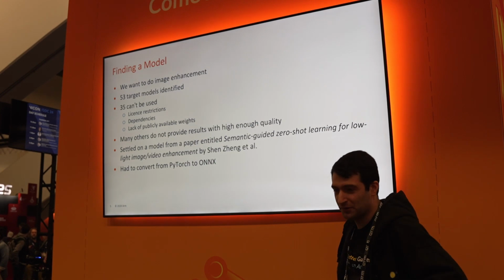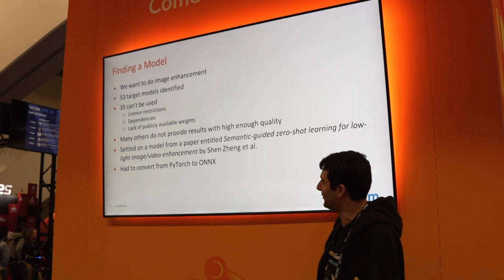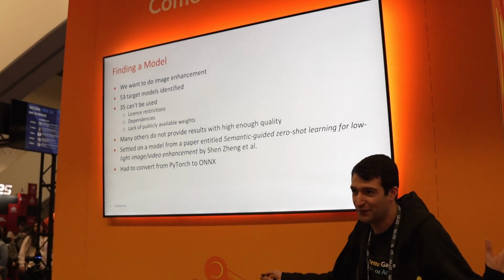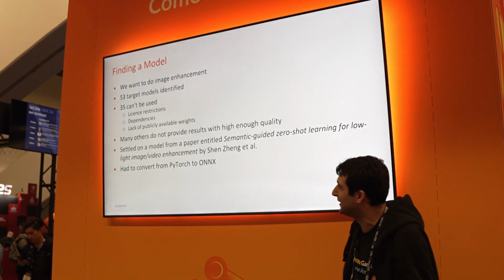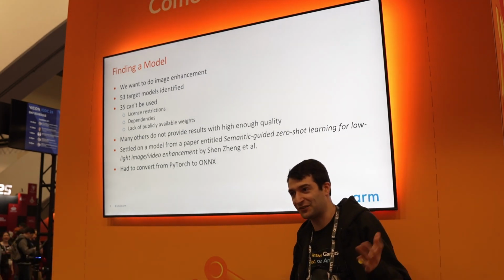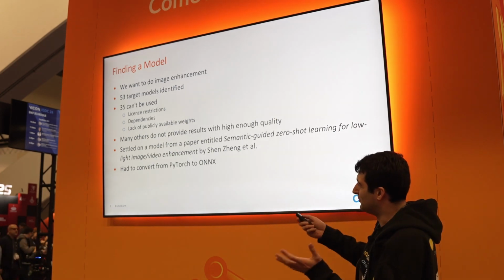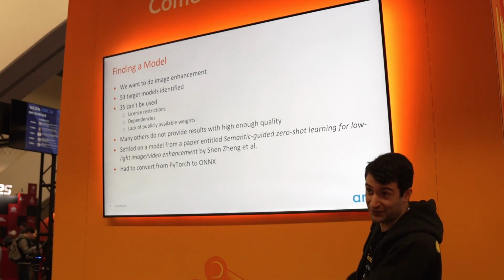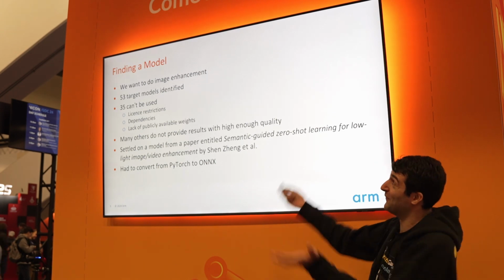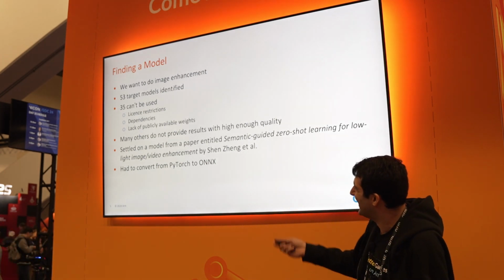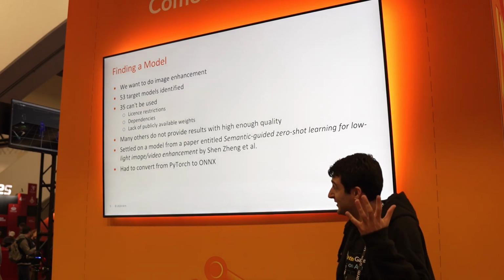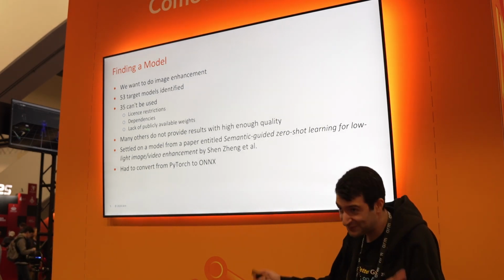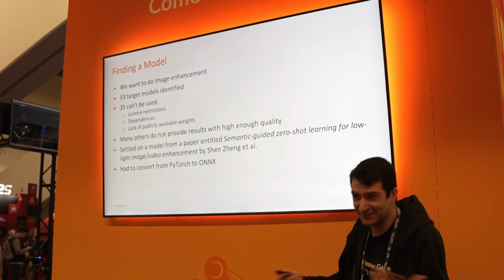So we find the model. For this case, we wanted to do image enhancement. We identified 53 models that were there, and 35 just really couldn't be used. So some of them had licensing restrictions, some of them had dependencies. We're targeting mobile here, obviously. So things where the dependencies are only available for desktop, that's not good for our use case.